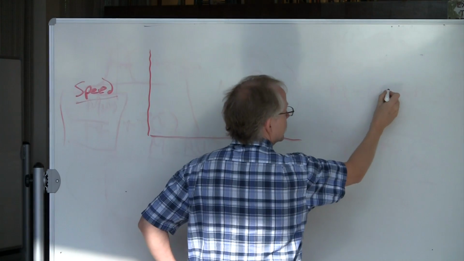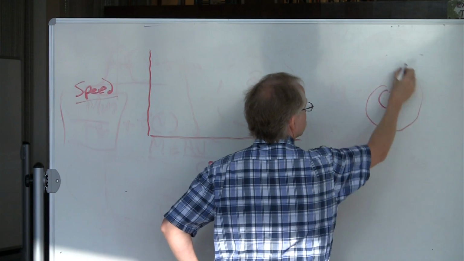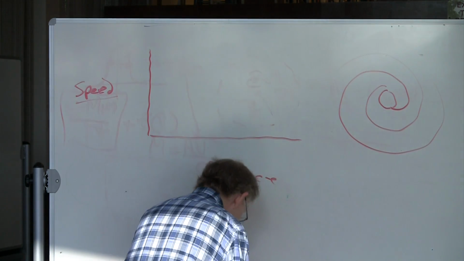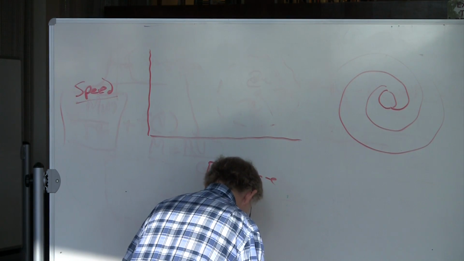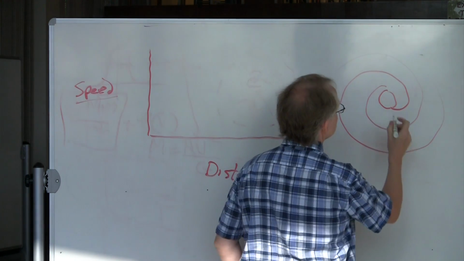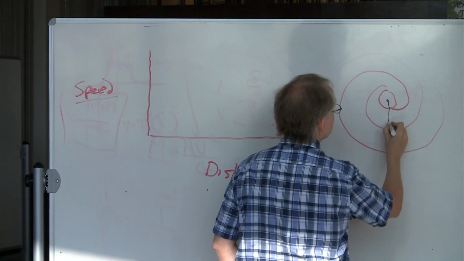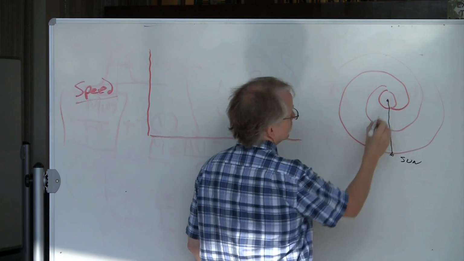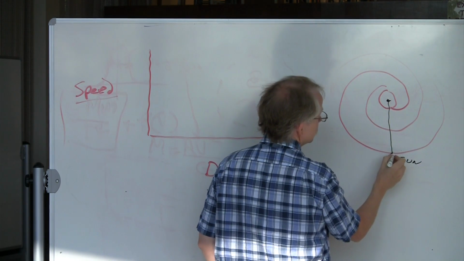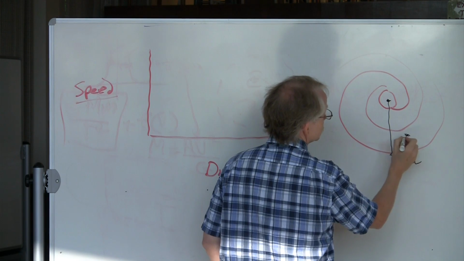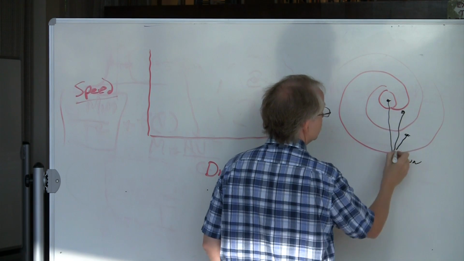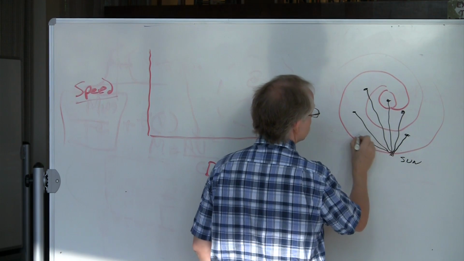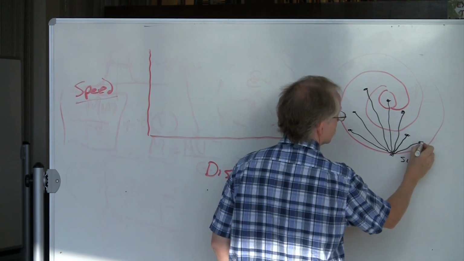If you look at the Milky Way galaxy, it's sort of this spiral thing, okay? And we are located somewhere out here. Here's the sun, okay? We can look out in different directions around us, and we can measure the speeds of material that's circulating around the center of the Milky Way.